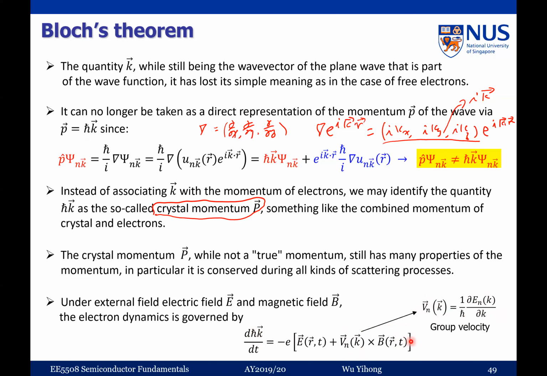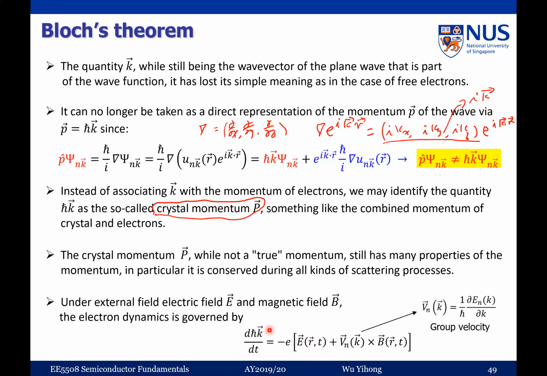This makes sense because this E is the external electric field, and the B is the external magnetic field. If you really change this one to the electron momentum, now what happens? This should include both the external electric field and whatever internal field is due to other electrons or nuclei inside the crystal, right? If you do that, the whole thing becomes extremely complicated.